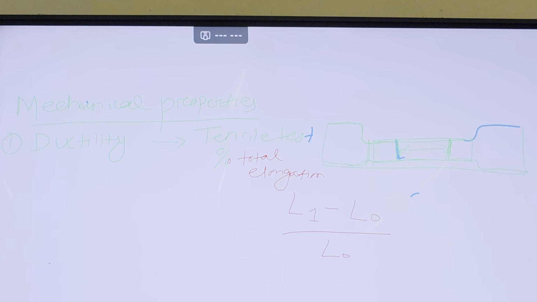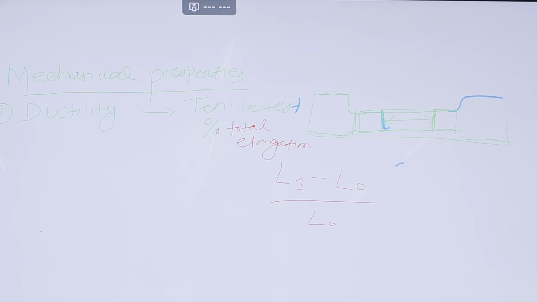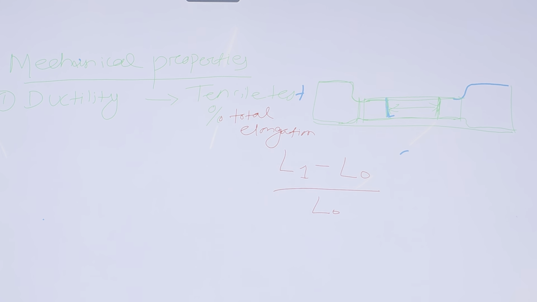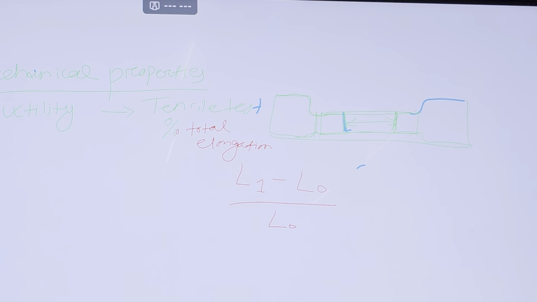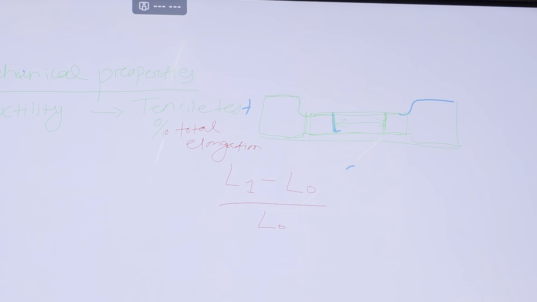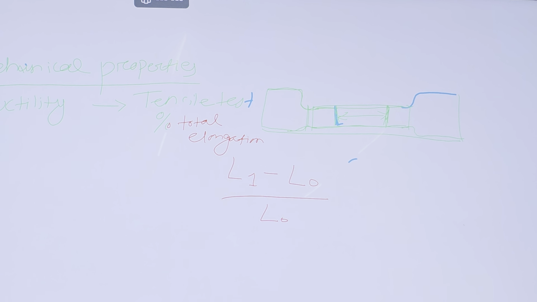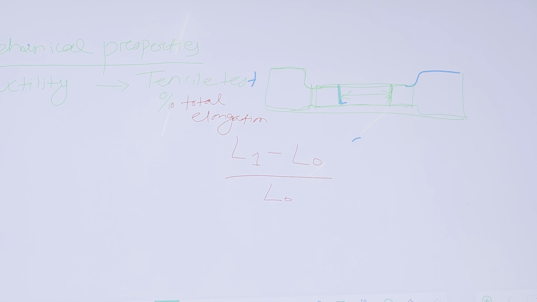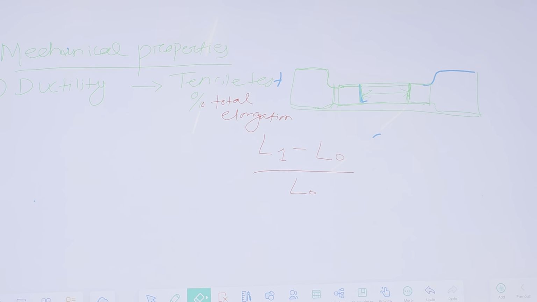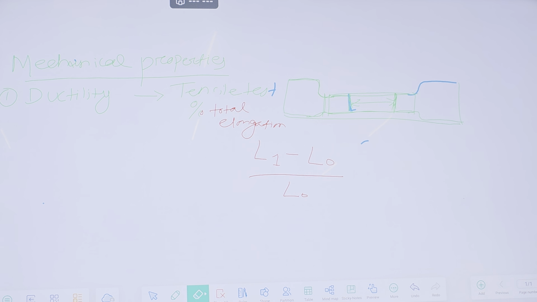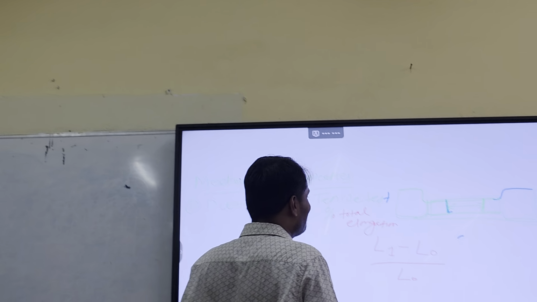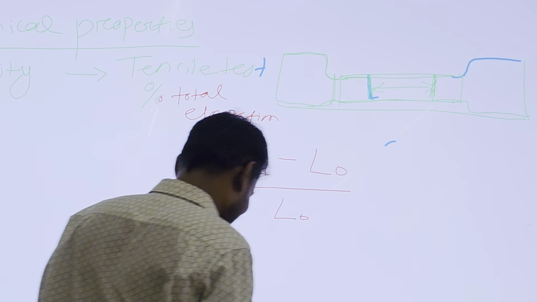L1 is the final length, because after elongation, the final length is higher, of course. L0 is the initial length, divided by initial length. You can find it out. Similarly, percentage reduction in the cross sectional area, how will you calculate it? Initial area minus final area divided by initial area. Very good. Because the initial cross sectional area will be higher, and the final cross sectional area will be less. Percentage means into 100, of course.